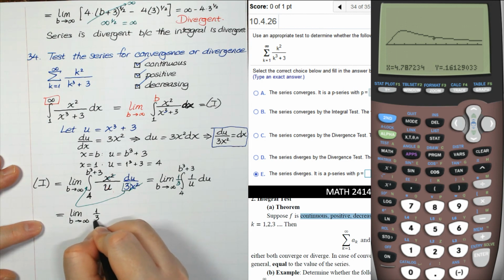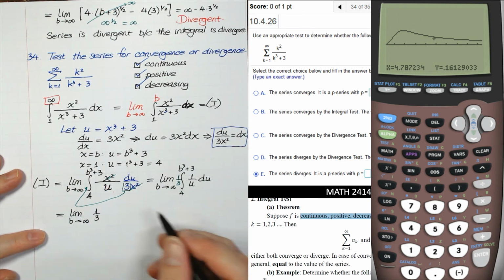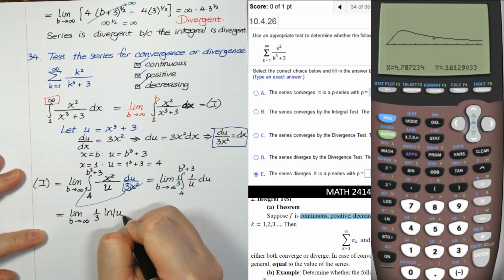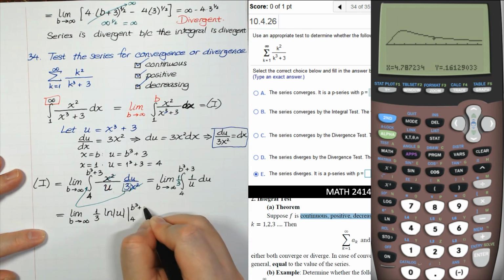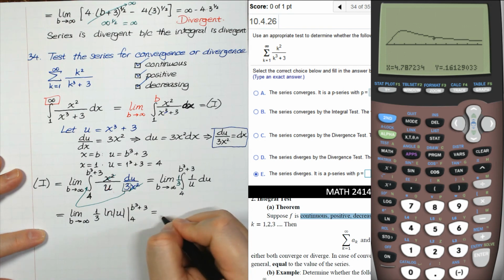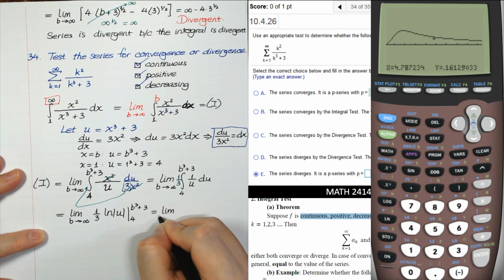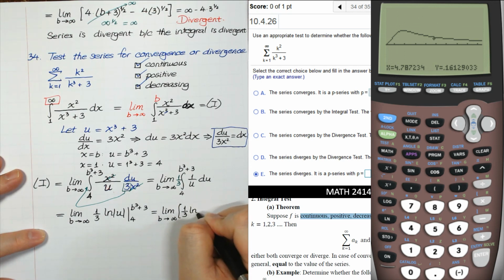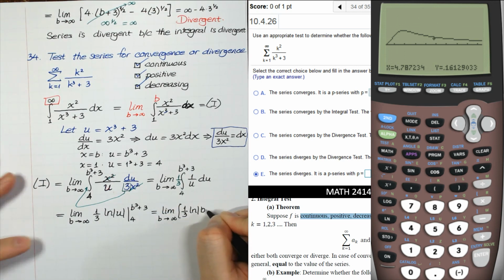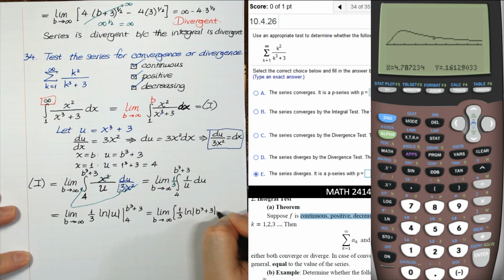One third. The integral of 1 over u is ln of the absolute value of u, for b cubed plus 3. Now we put in the b cubed plus 3, and then the 4.